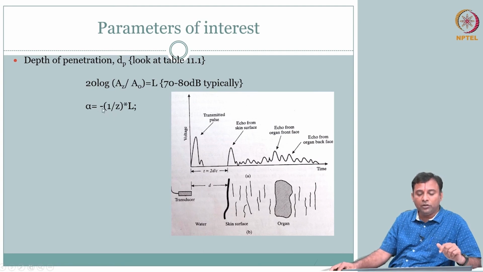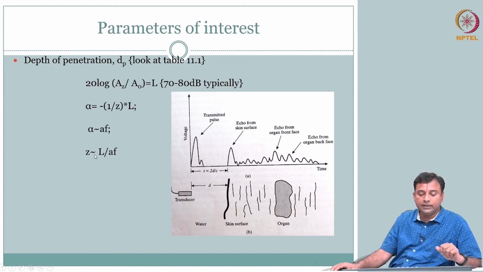So alpha equals minus 1 by z times L, where L is the threshold at which you are doing this. We covered absorption, so this is your frequency dependent attenuation. We talked about alpha being a times f, first order absorption. So it is depth dependent. Therefore we could write your z as L by af.